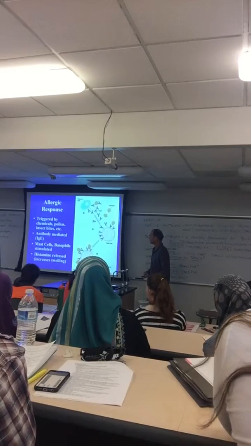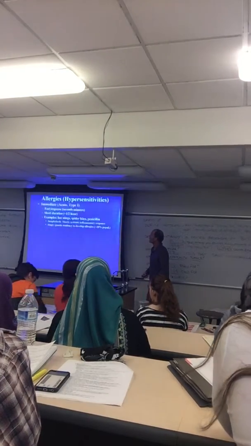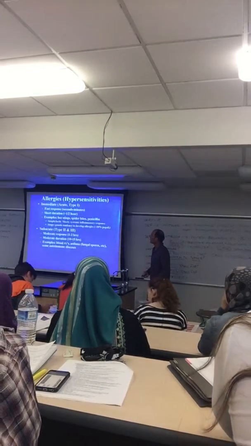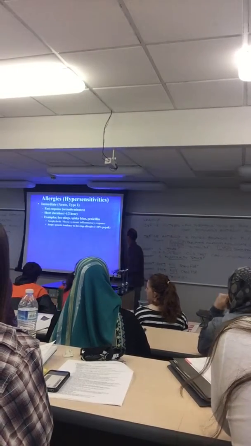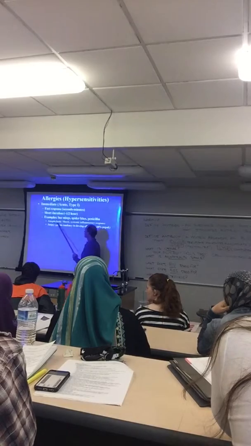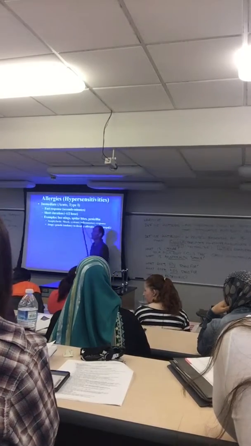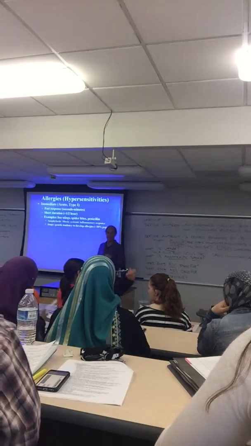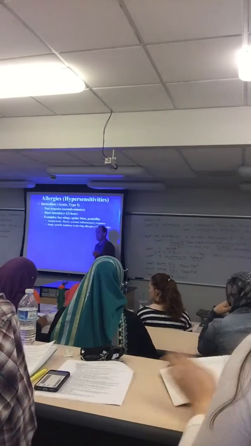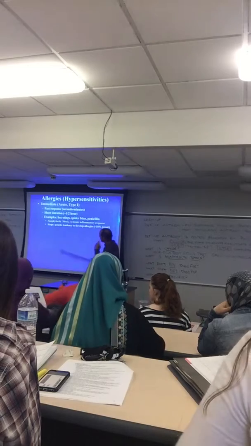So there are a variety of them, and I typically don't go through all of these on the test, but one I want to show is anaphylactic shock. This is a very serious allergy, and this happens with bee stings, but it could be a food allergy. And they're very fast.